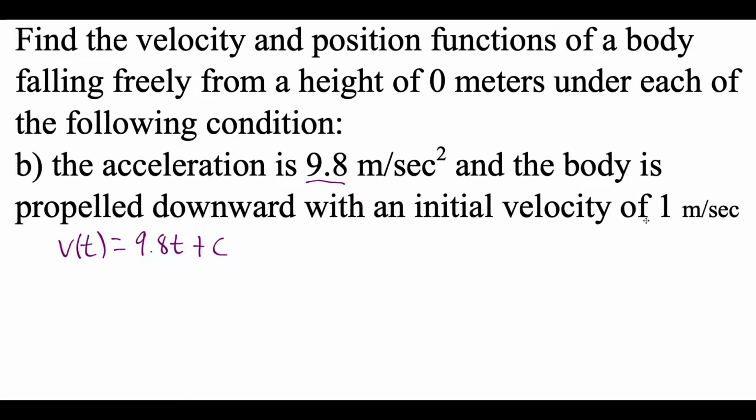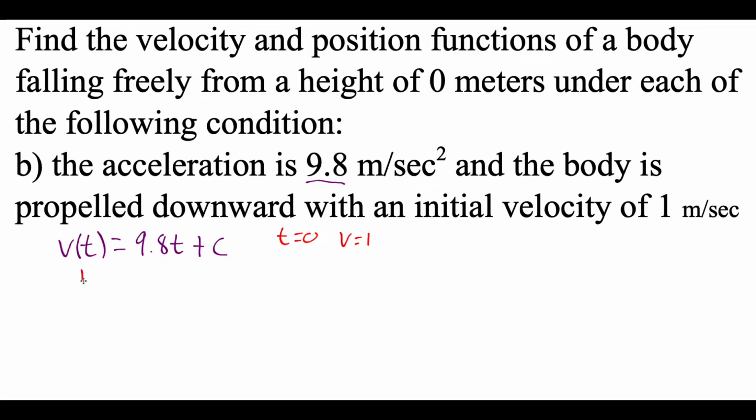And here's where that initial velocity of 1 meter per second is going to come into play. We know that at the time of 0, at the split second that this object starts falling, we're propelling it with a velocity of 1 meter per second. The initial velocity is that 1 meter per second. So at a time of 0, our velocity is 1. Well, we're going to plug that stuff in.